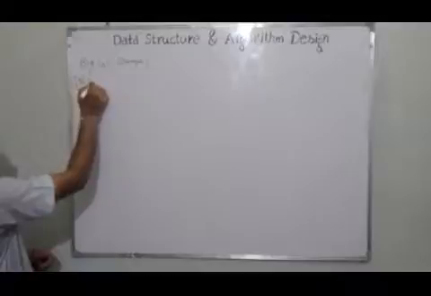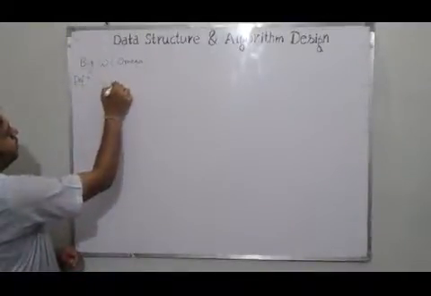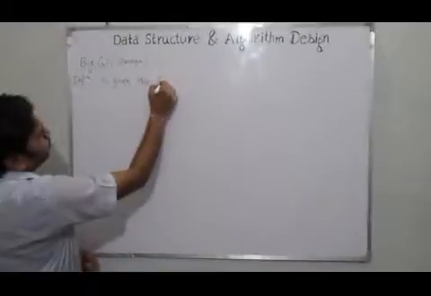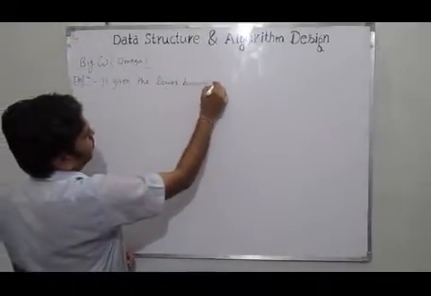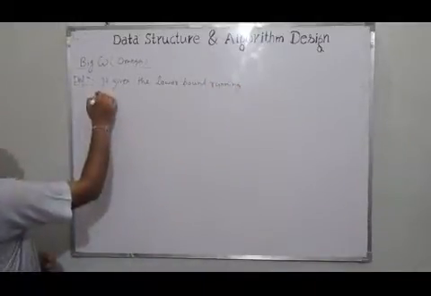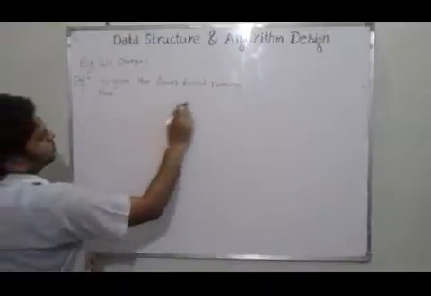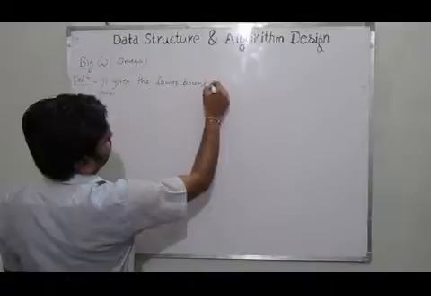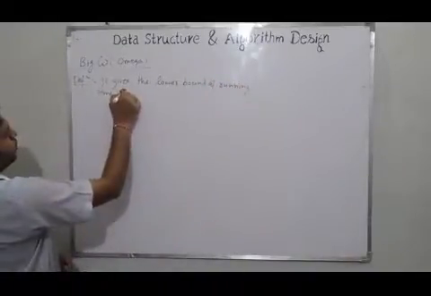If we look at the definition of big omega asymptotic notation, we come to know that big omega gives the lower bound of running time for a given algorithm.